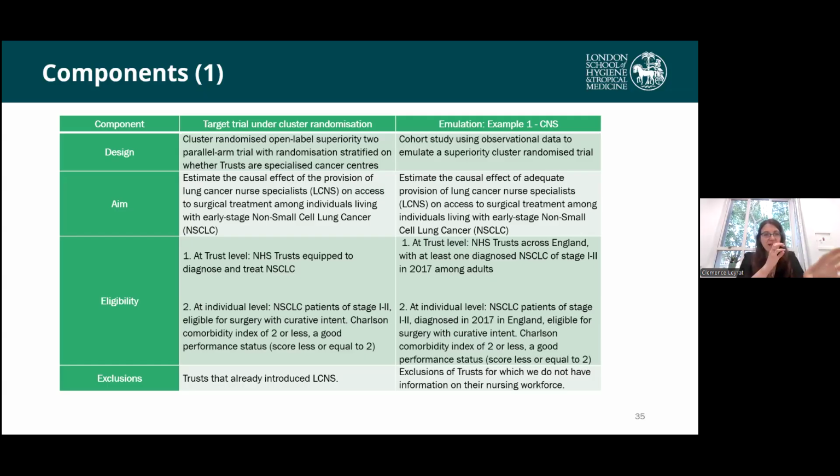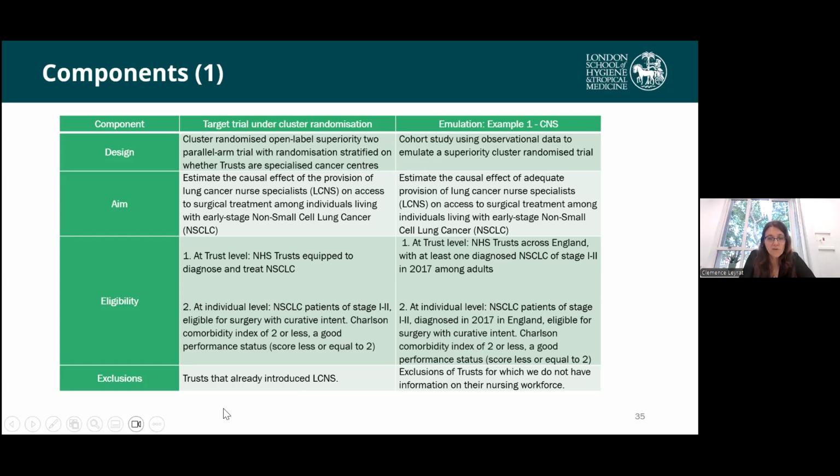The design of the target trial is a cluster randomized trial, open label, a superiority trial with 2 parallel arms, and ideally we would stratify the randomization on whether the trusts are specialized cancer centers. Whereas for the emulation, it's a cohort study using observational data, and we're trying to emulate a superiority cluster randomized trial.